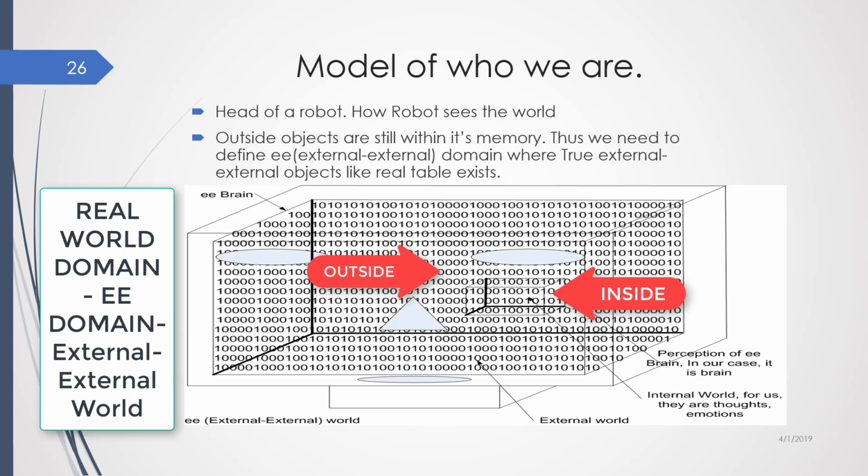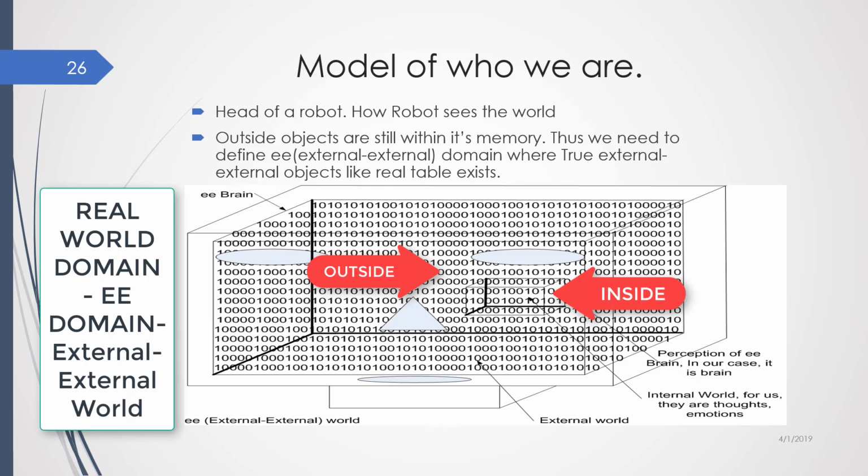Thus the outside objects like door, table, etc. are still in its memory. So door is represented here in its memory, table is represented here. So all these worldly objects are represented in its memory. So this is inside and this is outside for a robot.